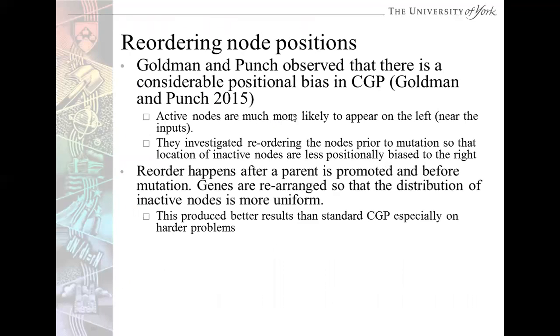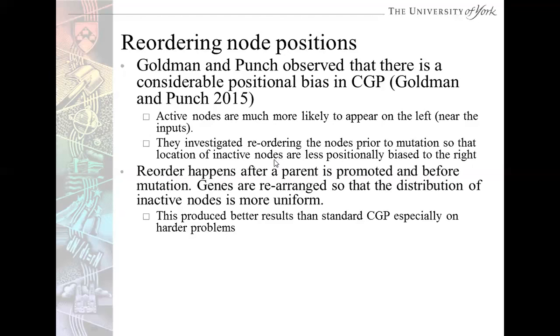In 2015, Goldman and Punch observed that there was a considerable positional bias in CGP. That is to say that the active nodes are much more likely to appear on the left, near the inputs. There's an obvious reason for this, because the leftmost node can be connected to any of the nodes on its right. That's almost all the nodes. And as you move along the genotype, the number of nodes that you could connect to decreases. So when you look at CGP genotypes, you'll find that most of the active nodes are bunched around the left-hand end of the genotype.